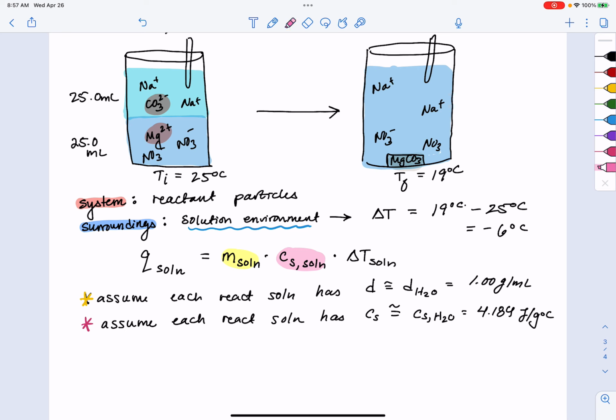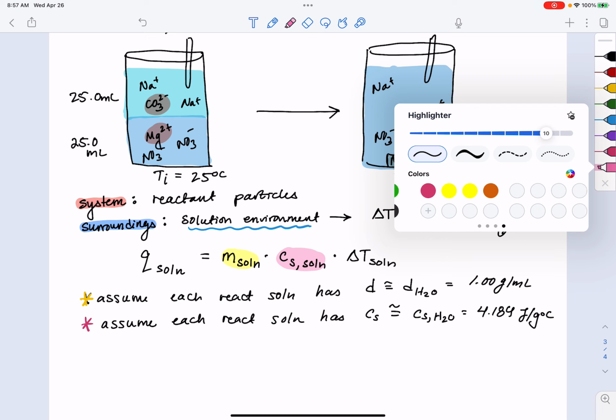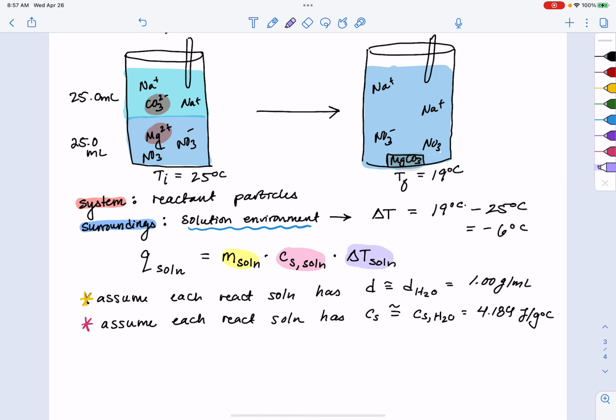Okay, and then delta T, that we know, at least that's something we found. The change in temperature of the solution is exactly what was directly measured in the lab.